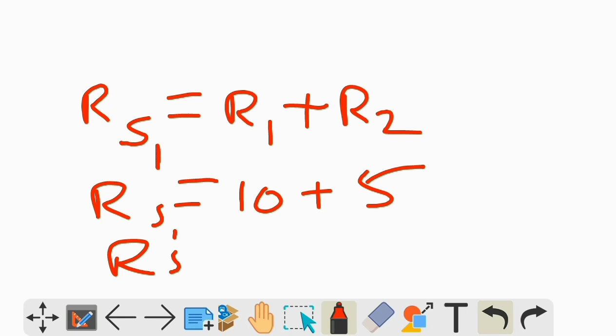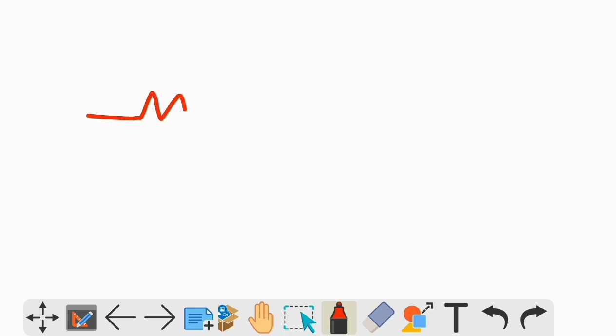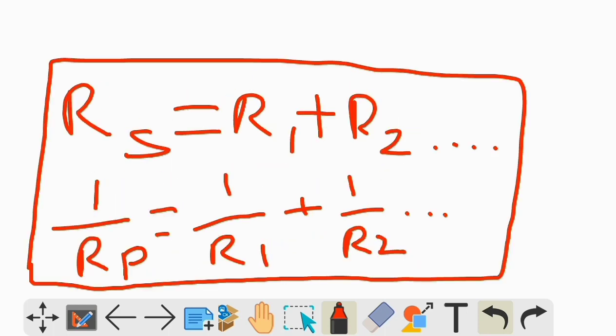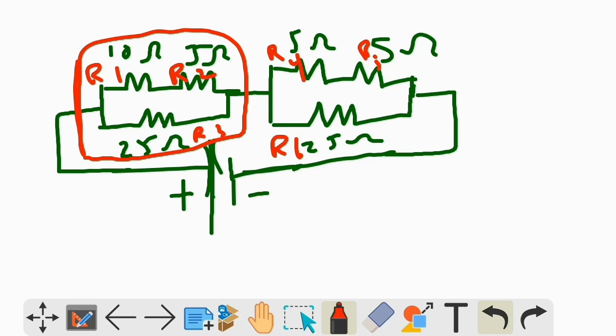Rs1 is equal to 15 ohm. Then for this combination, I am just drawing only the first one. Now it has become 15 ohm, isn't it? So 15 ohm. For this you have a resistance of how many ohms? 25 ohms.